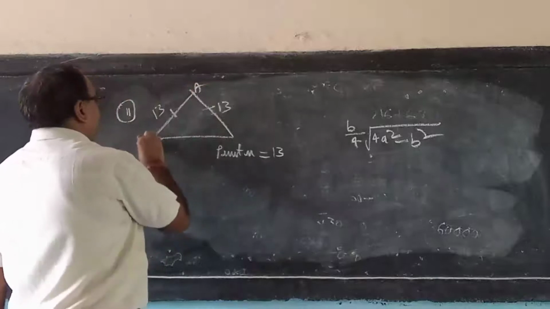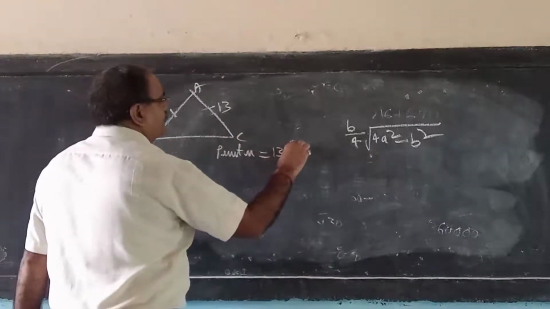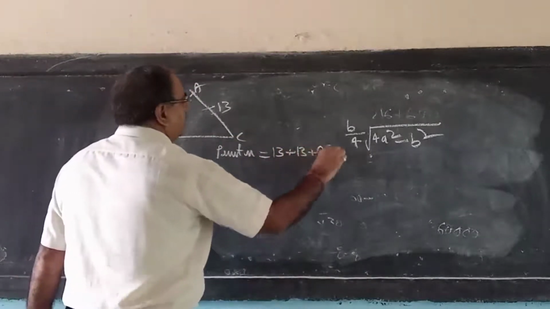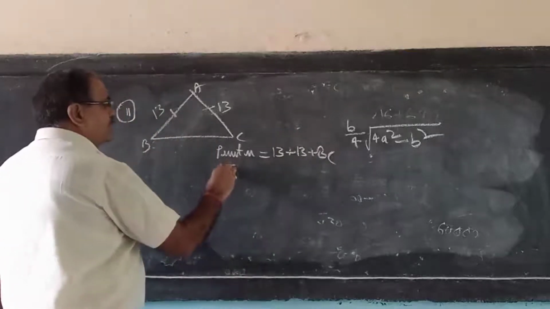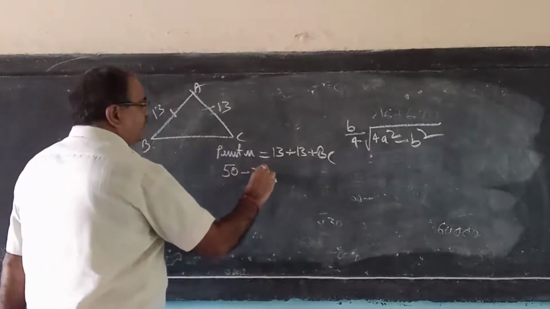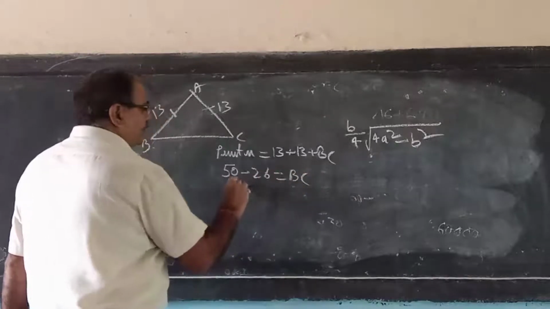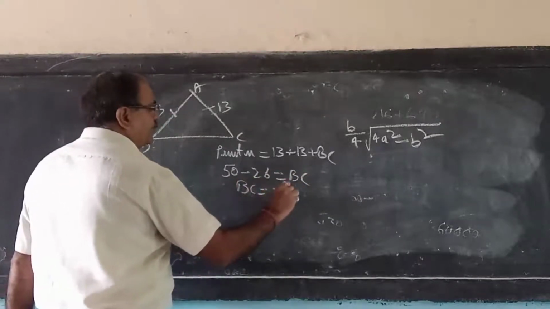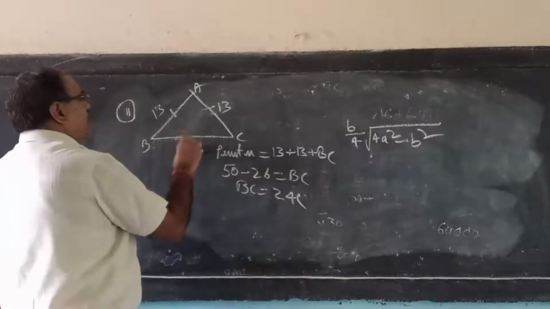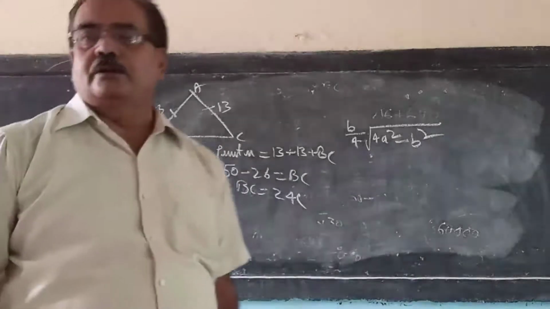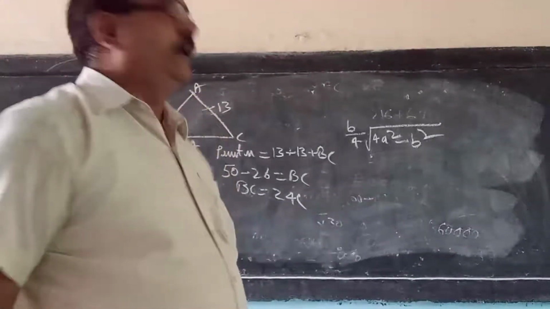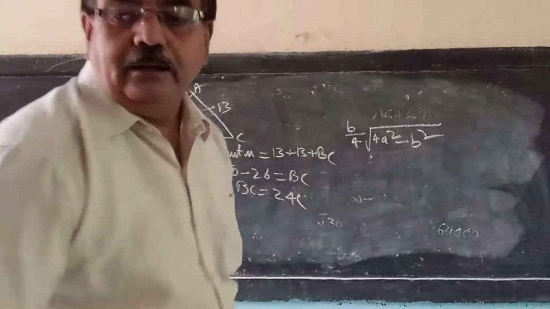Let it be ABC: 13 plus 13 plus BC. BC is not given. 50 minus 26 is equal to BC, which means BC is equal to 24 centimeter. Unequal side is 24 centimeter.